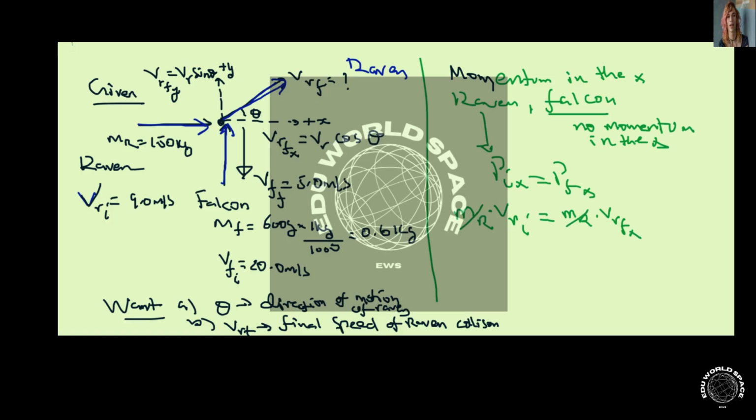The m's cancel out. We can replace the final velocity of the raven by VR cosine of theta. This is our initial step, the behavior of the system in the momentum in the x direction. We're using the law of conservation of momentum.